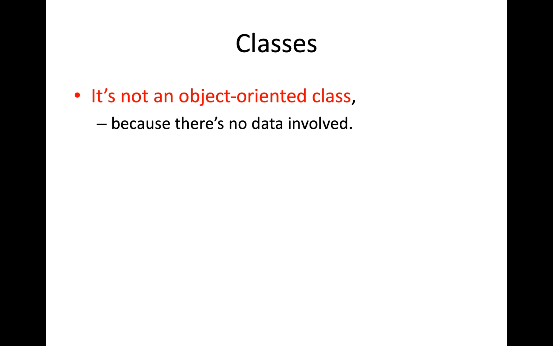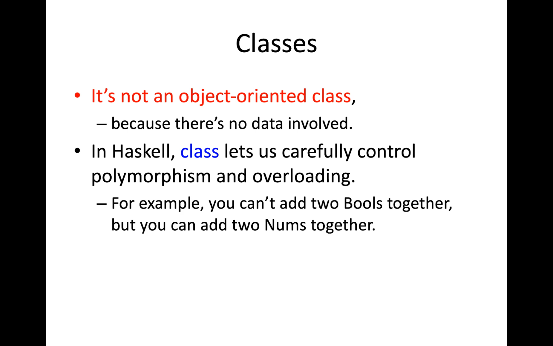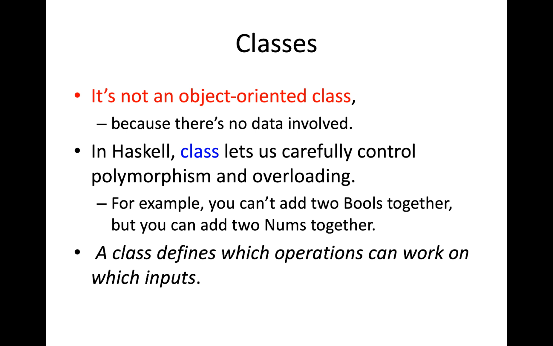Now by class in Haskell, we don't mean an object-oriented class because there is no data involved inside a class. But in Haskell, by class we mean a type which can define what sort of operations can work on which input.